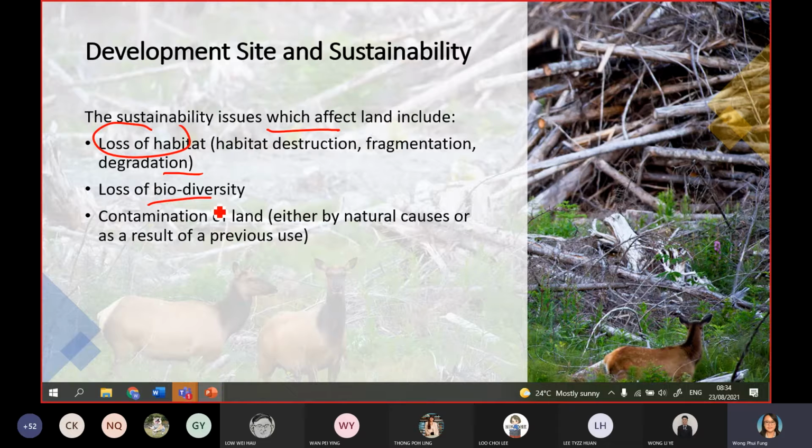Okay, and loss of biodiversity, which means that it will affect the food chain if one of the animals becomes extinct. And last but not least is the contamination, either by natural causes or as a result of previous use. So if we continue to build more buildings, build more factories on that piece of land, we are actually contaminating the land. Okay.